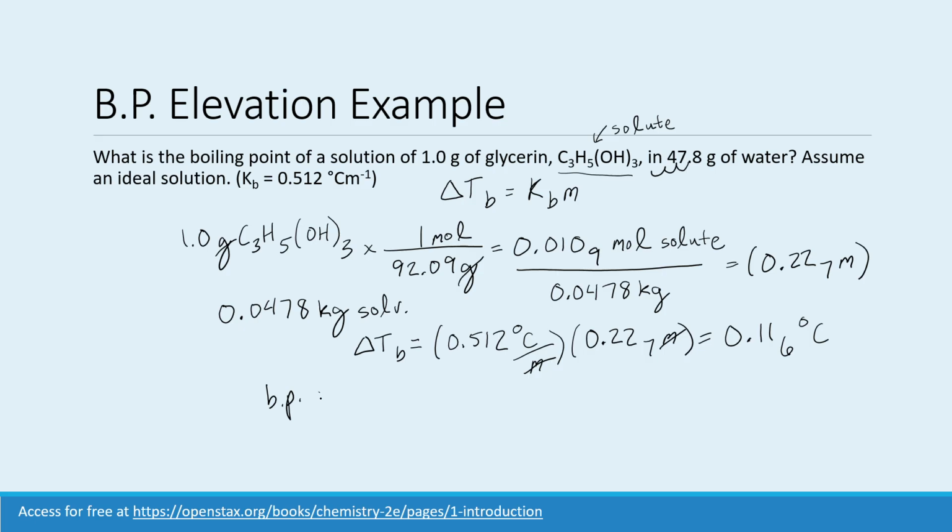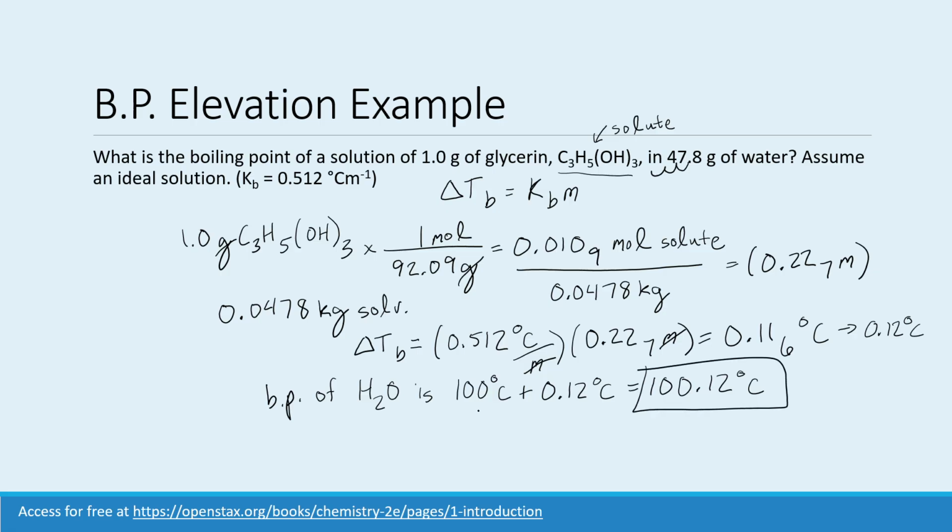Okay, now remember, this is the change in the boiling point, so we need to account for the original boiling point of water, and of course the boiling point of H2O, of water, is 100 degrees Celsius. Okay, so we're going to have to add to that original boiling point the 0.12 roughly degrees Celsius, and remember this rounded is 0.12, for a new boiling point of 100.12 degrees Celsius.